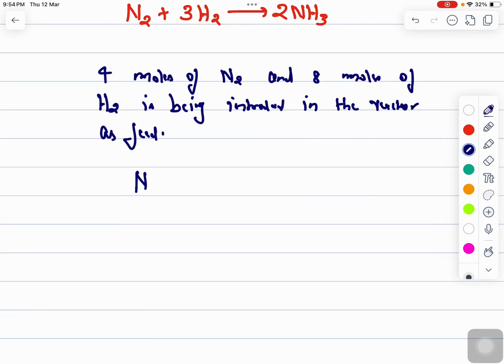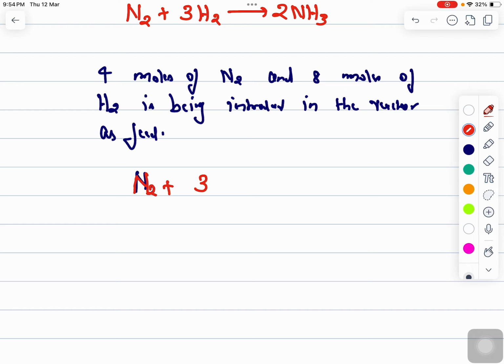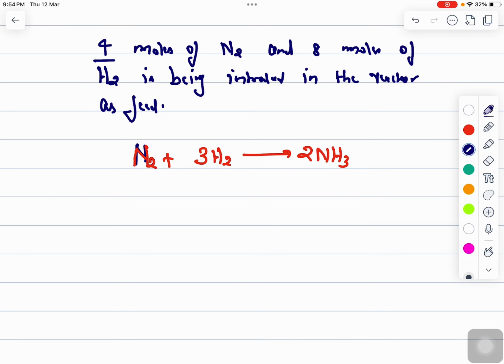Here the reaction is N2 plus 3H2 getting converted into 2NH3. The number of moles of nitrogen is 4, and the number of moles of hydrogen given in the problem is 8.